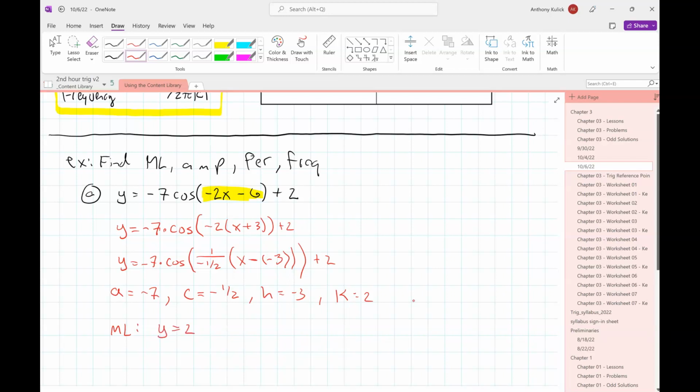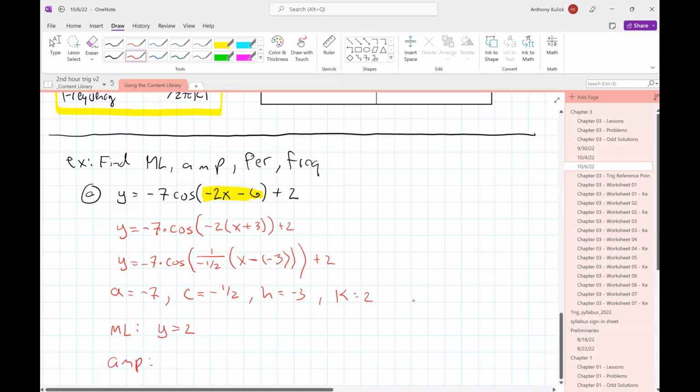Mr. Kulik is going to be picky about that. If you write down the midline as a number, I'm going to mark that wrong, because the midline is a line. It needs to be written as the equation of a line, so it has to be written as y equals something. So just be warned, Mr. Kulik will be picky about that.